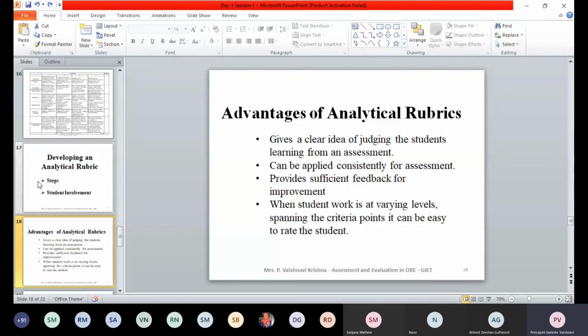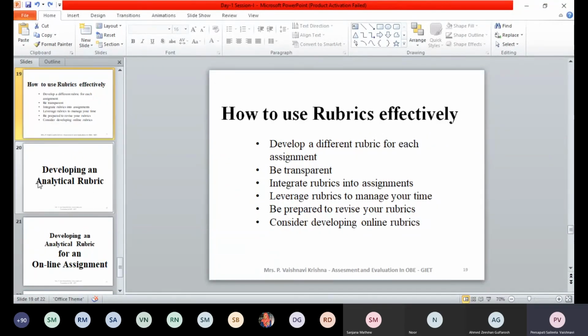Now he will raise a complaint, madam, I've written better than this particular student, but why did you give me less marks? Then at that time I can just show him the rubric. In a few universities, it is also a practice that when they give their assignment, they also hand over the rubric to the students. That is, based on what criteria their assignment will be judged.